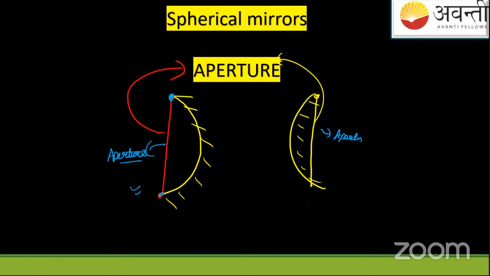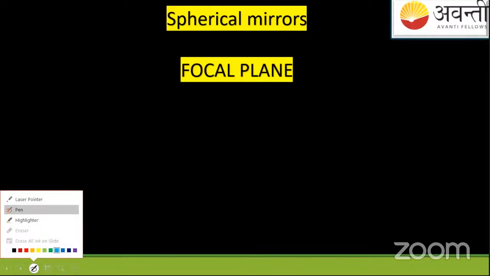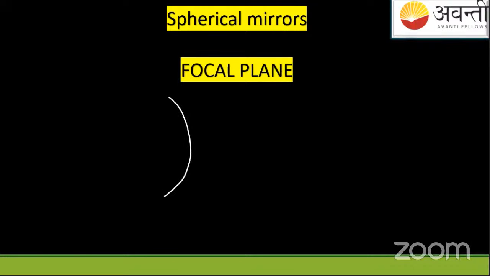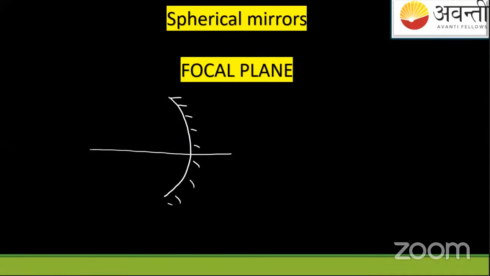Now, students, let us go to the main part. So this is the focal plane. Let me write something here about the focal plane too. Suppose you have a concave mirror. This is the principal axis. This is the pole or vertex.